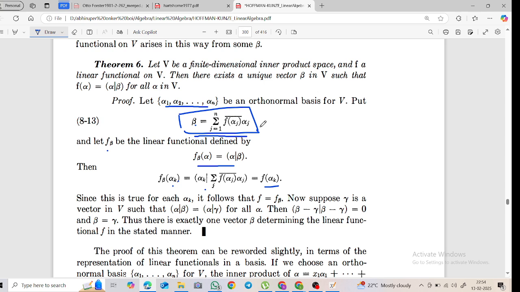I can tell you, in a way... suppose alpha, there is some beta.